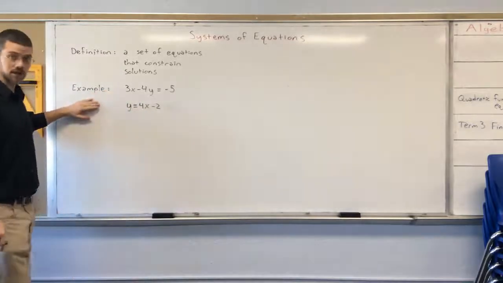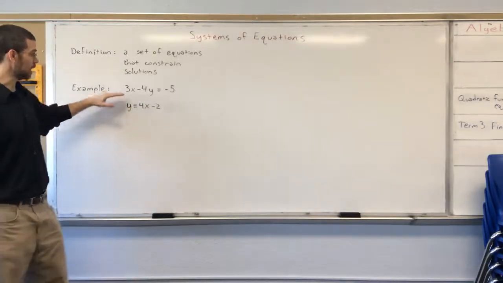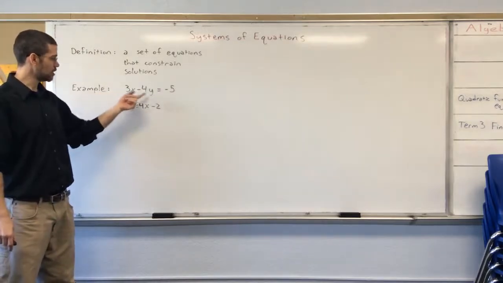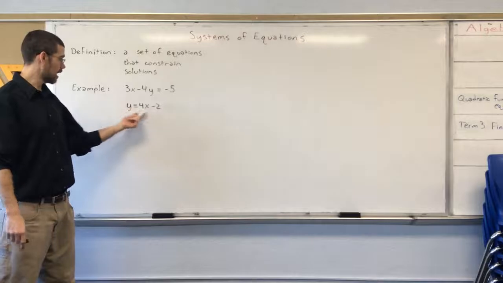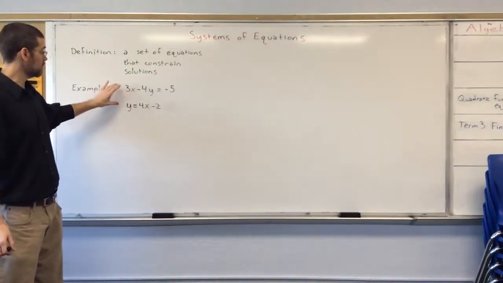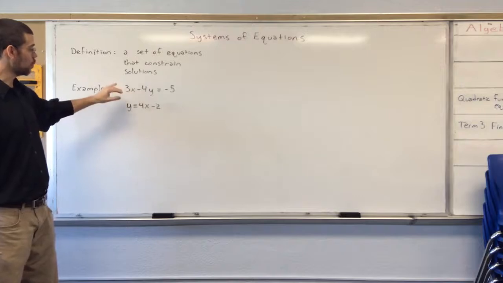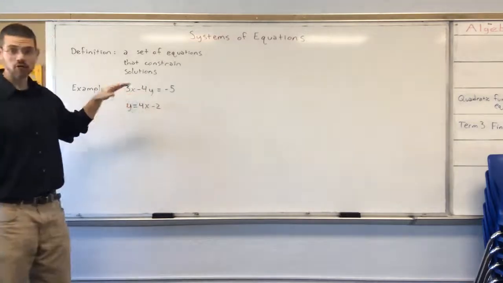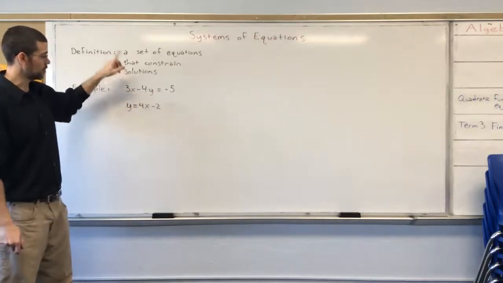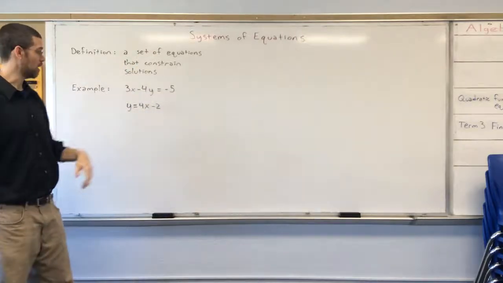Here's an example of a system of equations. We've got these two equations. Both of them have x and y for variables. So this is a system of equations where x and y are our variables. These are both linear equations because x is to the first power, y is to the first power.